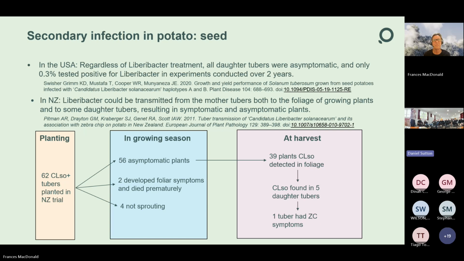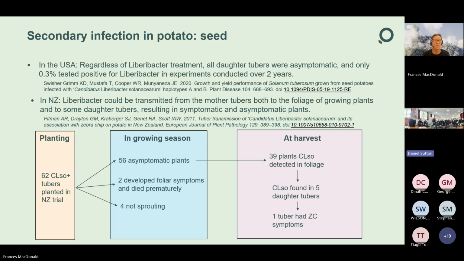So the psyllid gives a primary infection, and then with potato seed, it's secondary infection. But it's at a very low level. And can you just flick slowly through those boxes, Francis? So there was some work in the US where they said 0.3% of tubers are positive when they grow from a positive mother tuber.